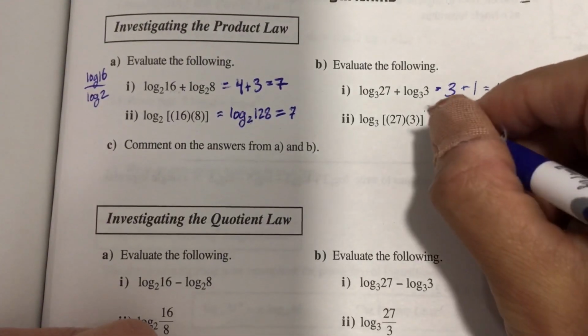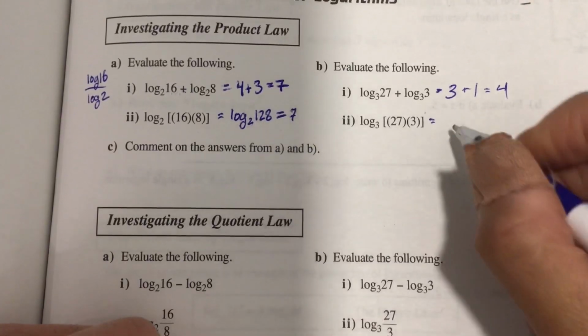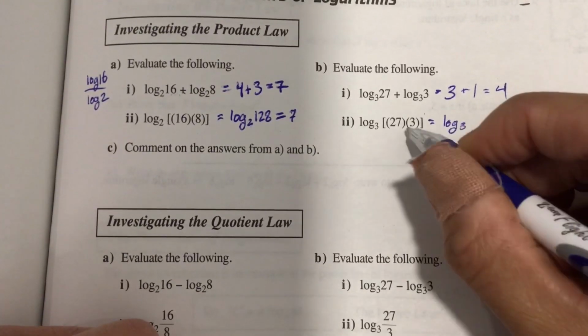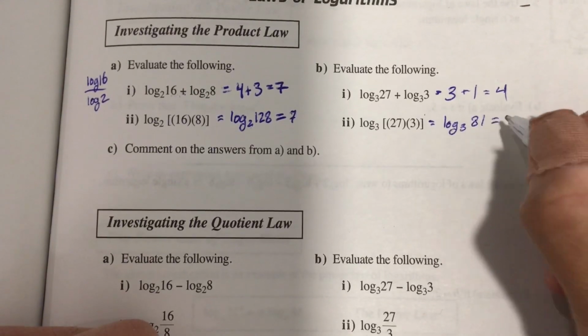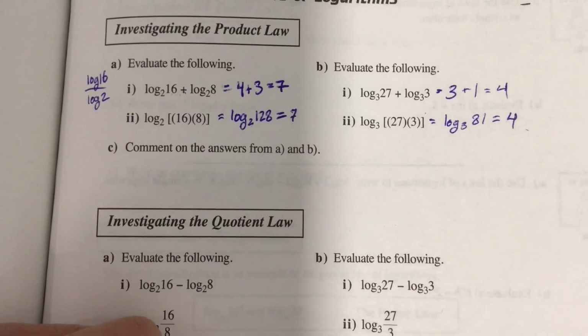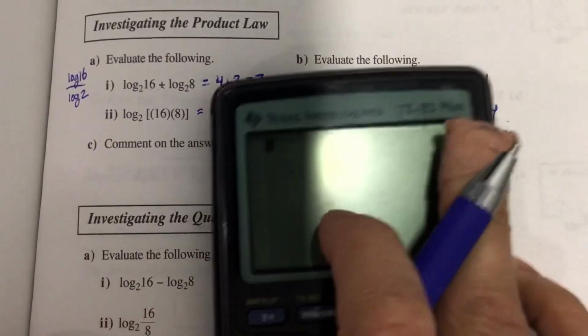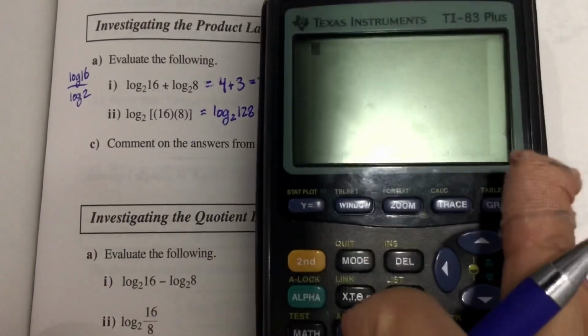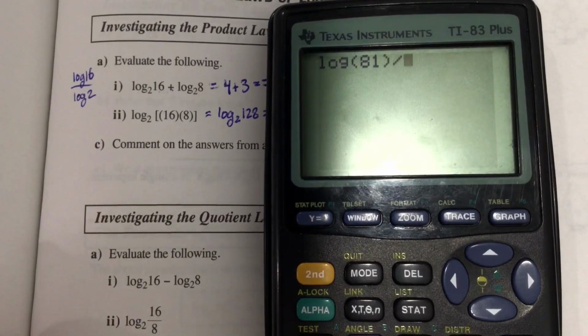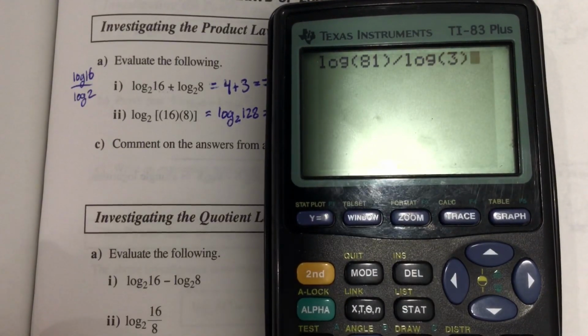Now likewise, just like we did over here, log 3 of 27 times 3 is 81, and 3 to the power of 4 would equal 81, so this answer is also going to be 4. And of course we can use our change of base identity here. So log 81 divided by log 3, and we get 4.